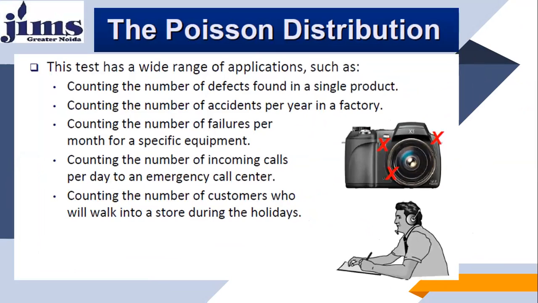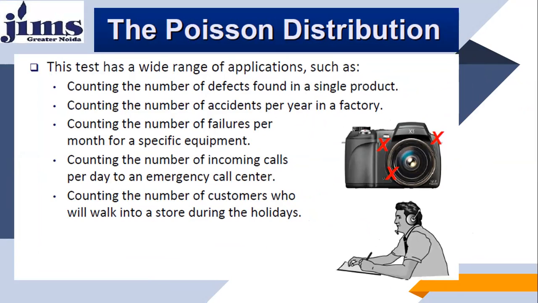Again, there are certain examples of the Poisson distribution. Number 1, counting the number of defects found in a single product. Second, counting the number of accidents per year in a factory. Third, counting the number of failures per month for a specific equipment.